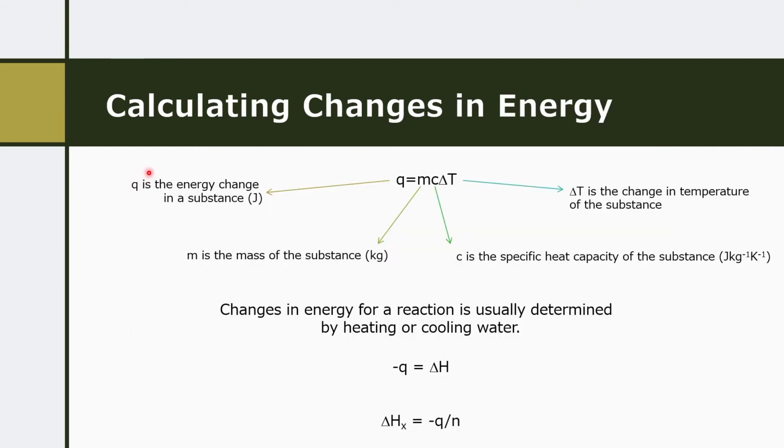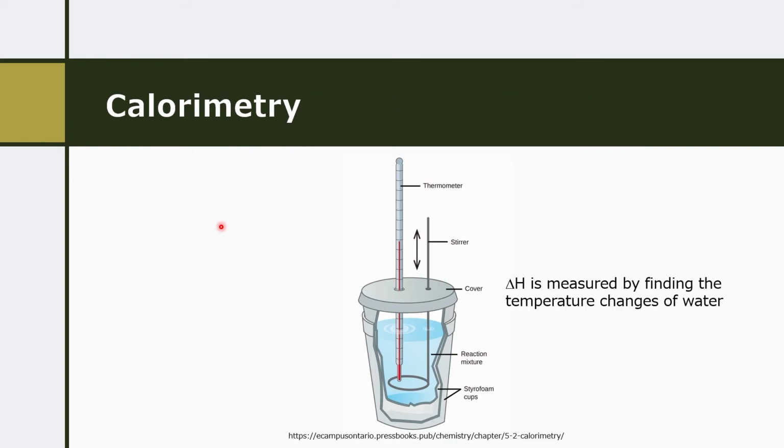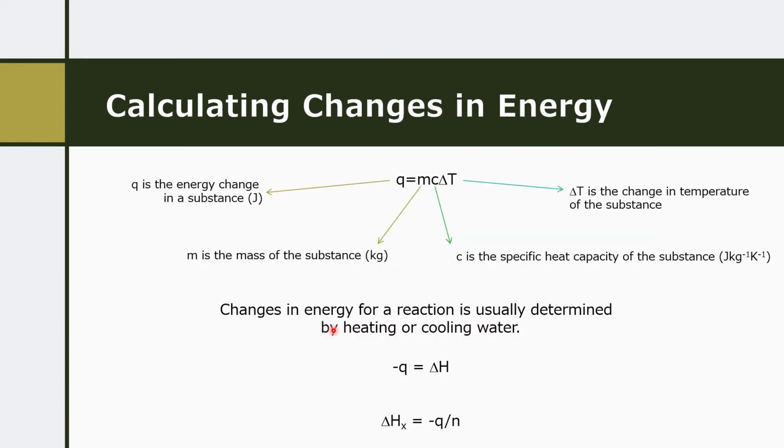So, Q, first off, is the energy change in a substance. For example, if we're doing our calorimetry from a couple of slides back, Q would be the energy change in the water, so either energy that's being absorbed by the water or energy that the water is giving away. We can calculate that energy change in joules.